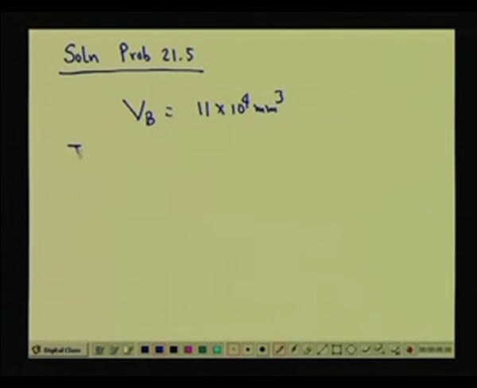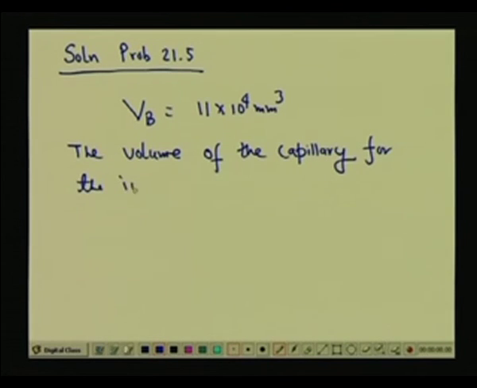The volume of the capillary for the initial reading is given by Vc1.